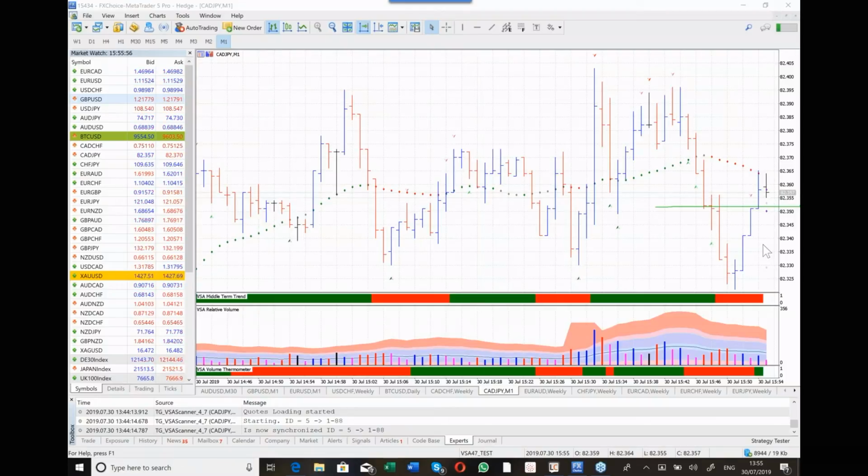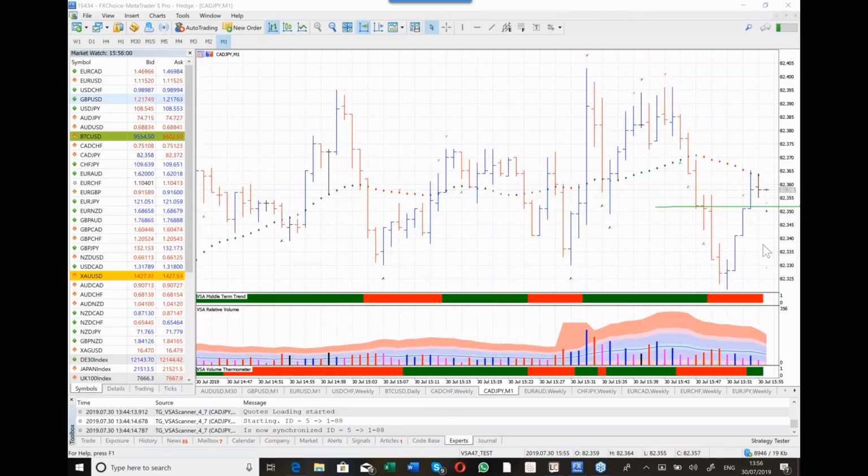One is to use VSA as a confirmation of your trading entries and trading strategy. So you might have something which is your personal approach, and VSA might be used just as a confirmation for that. Or you can use VSA on its own and trade based on just the VSA principles.